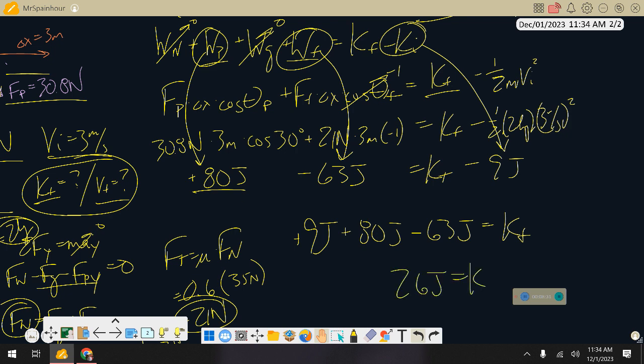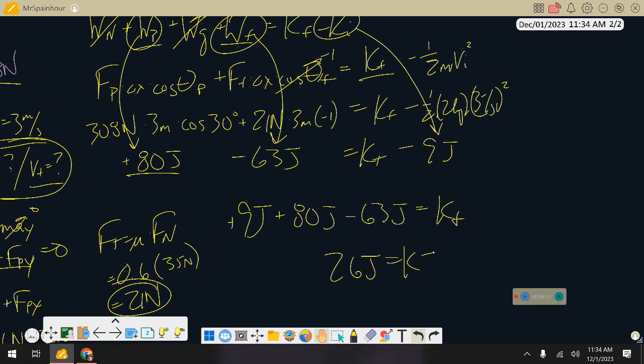And if you really wanted to find the speed from this point, you could of course set that equal to 1/2 mass Vf squared. If I'm not mistaken, you'll find that that is about 5.04. That might be a little bit off. I didn't calculate that one specifically.